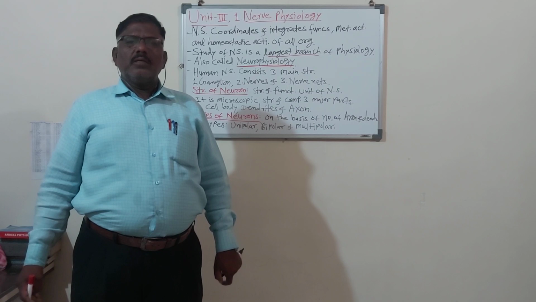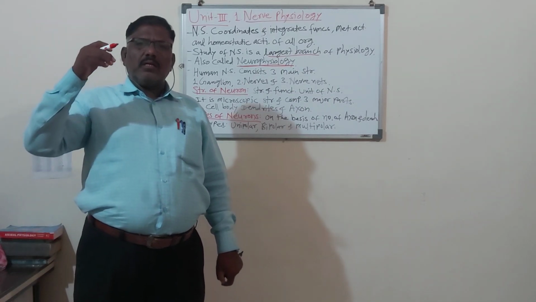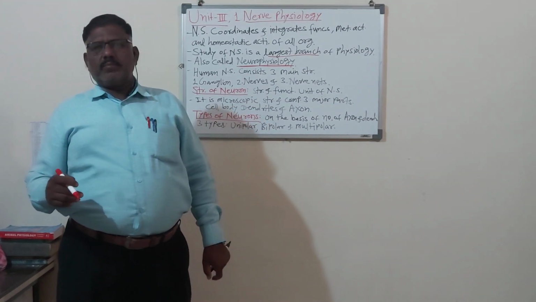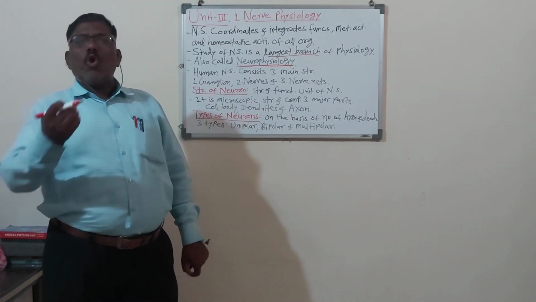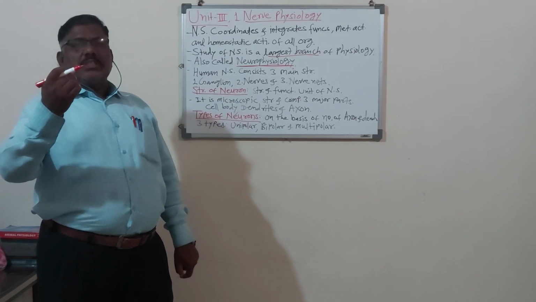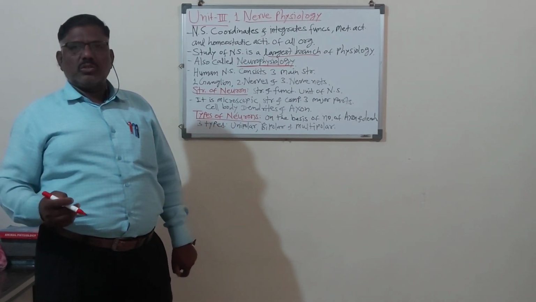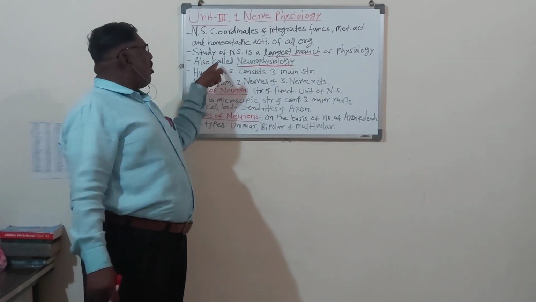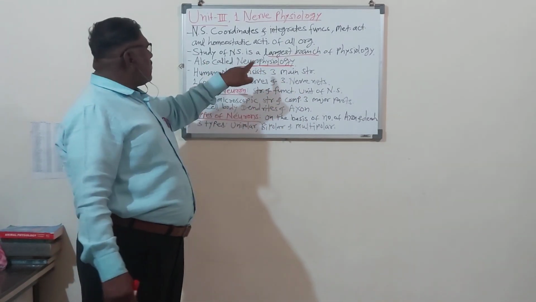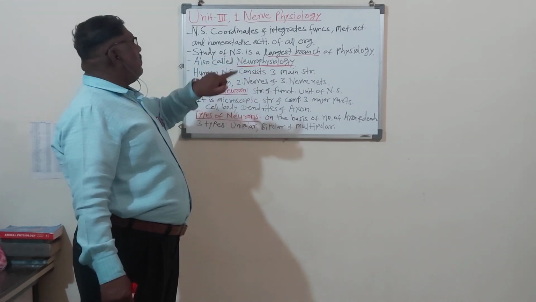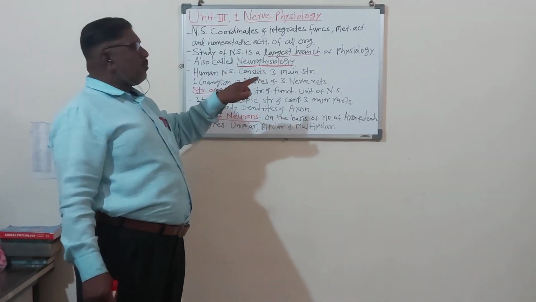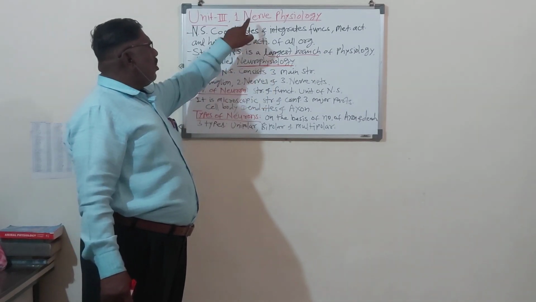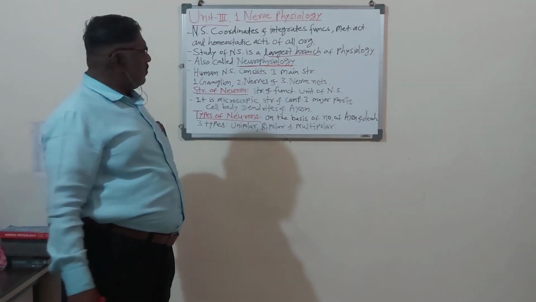Neurologist means they have done their specialization work in the nerve system, in the neurons, the cells of the nerve system. That's why neurologist. So the study of the nerve system, which is the largest branch of physiology, is also called neurophysiology. Nerve physiology is also called neurophysiology. Understand?